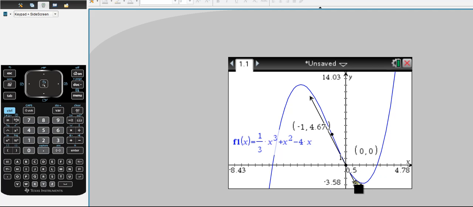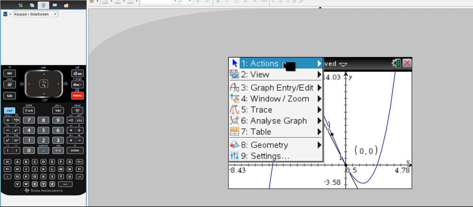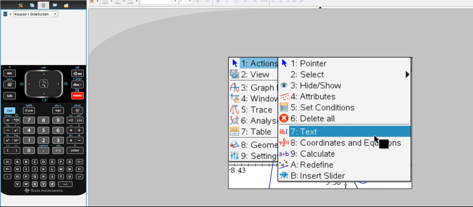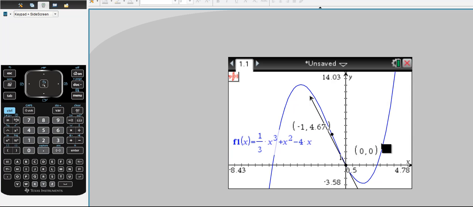Same here, I'll extend it a little bit. Now I would like to know the equation of this line. I go to actions, and I would like to find out the equation. So number 8, and then I click on the line, and here is the equation. The equation of the tangent is y is equal to minus 4x.